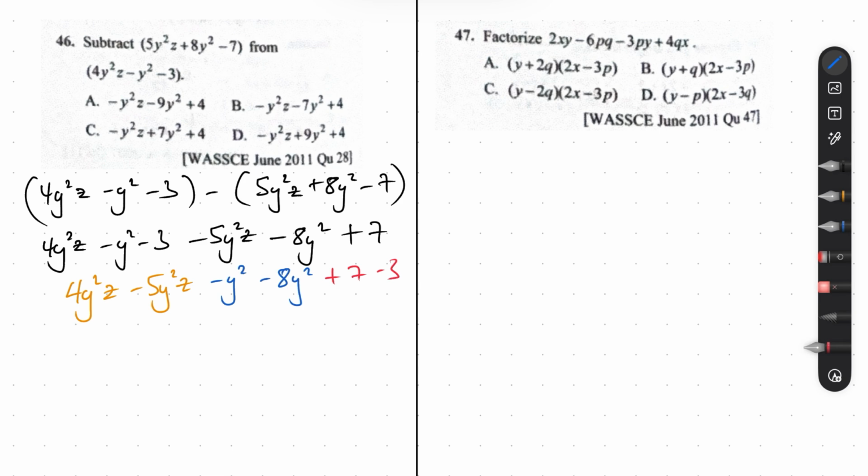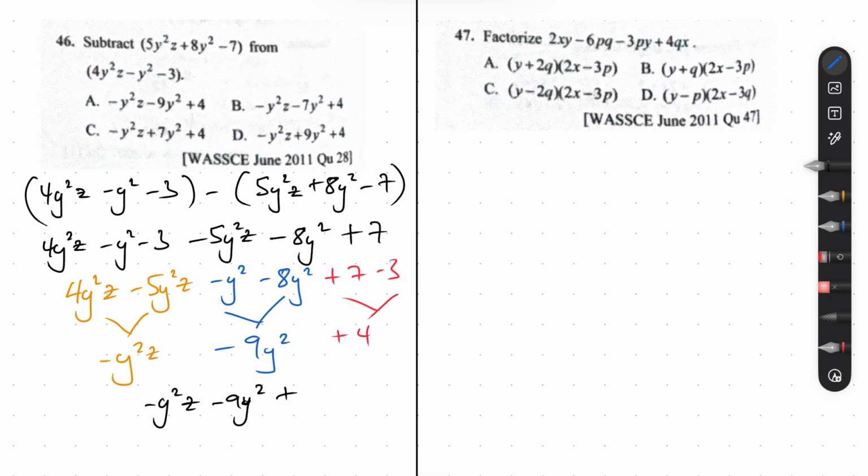So if we simplify, this will give us negative y squared z, this will give us negative 9y squared, and this will give us positive 4. So that is our answer: minus y squared z minus 9y squared plus 4.